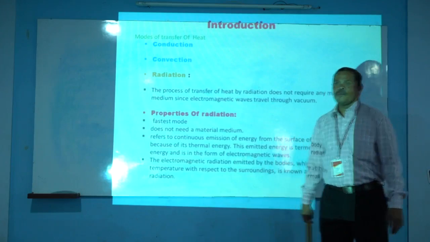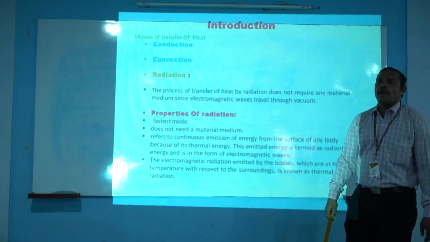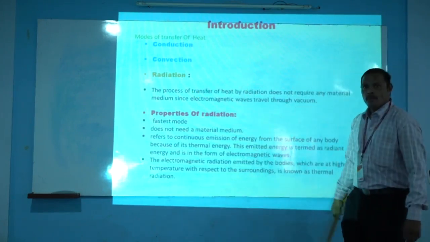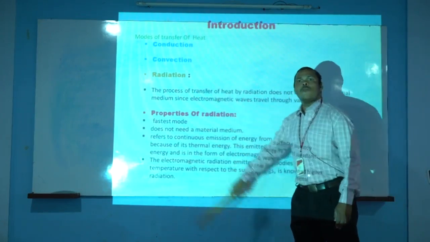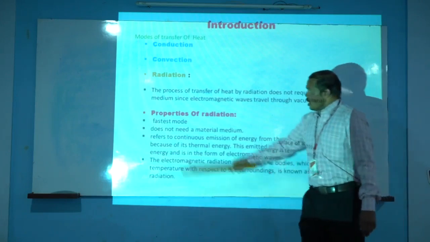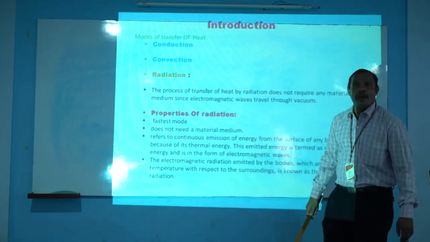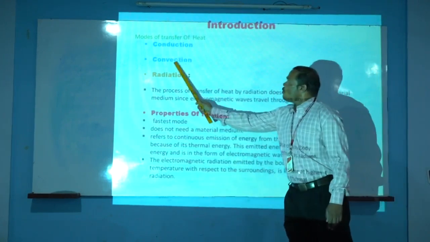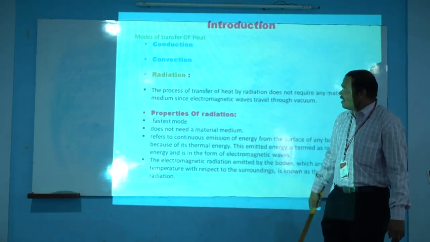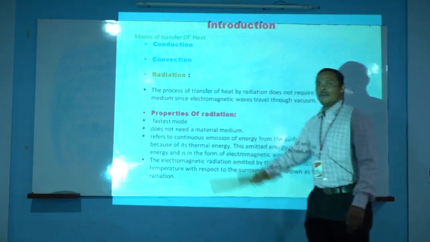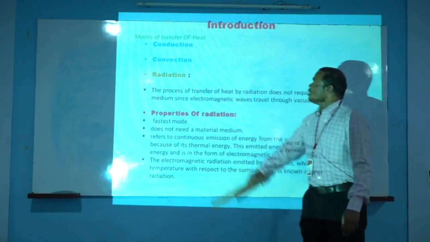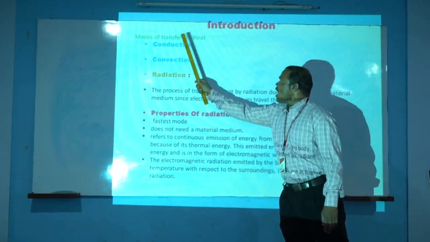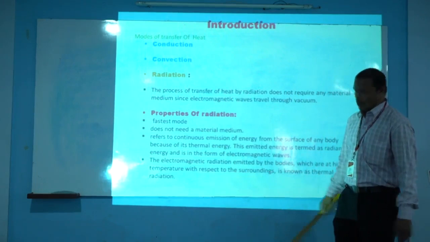If we compare the modes of transfer of heat energy, that is conduction, convection and radiation: conduction is the slower mode of transfer of heat energy. Convection is a faster mode than conduction, but slower than radiation, and radiation is the faster mode as compared to conduction and convection.